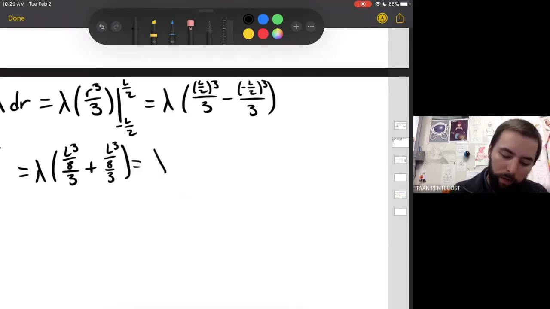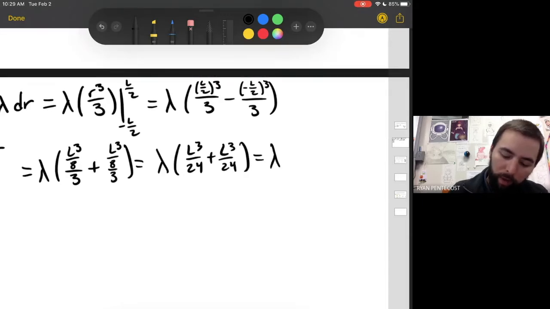Now I'll work this out algebraically. That's going to be L cubed over 24 plus another L cubed over 24. And then you will arrive at lambda L cubed over 12, right? Because you're going to have 2 over 24. That'll give you 12.